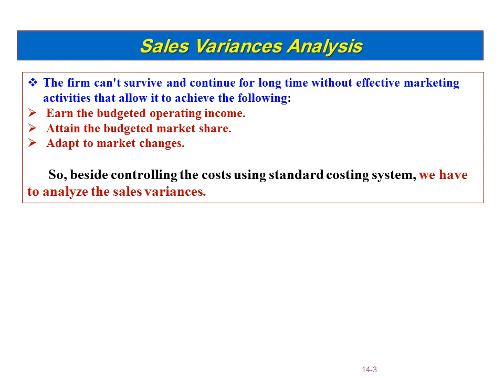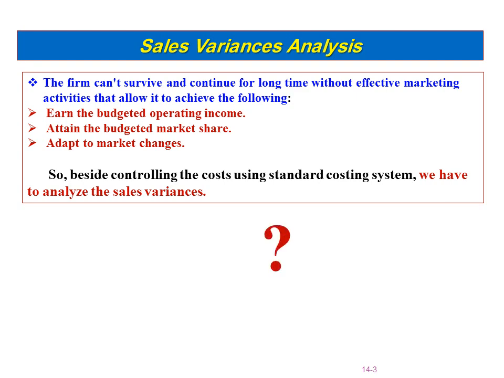I mean, we will compare between the budgeted sales and the actual sales and analyze the reasons for these variances. So this is the second part, or the second extreme of controlling. The first, I control the cost, but today I will control or analyze sales variances.